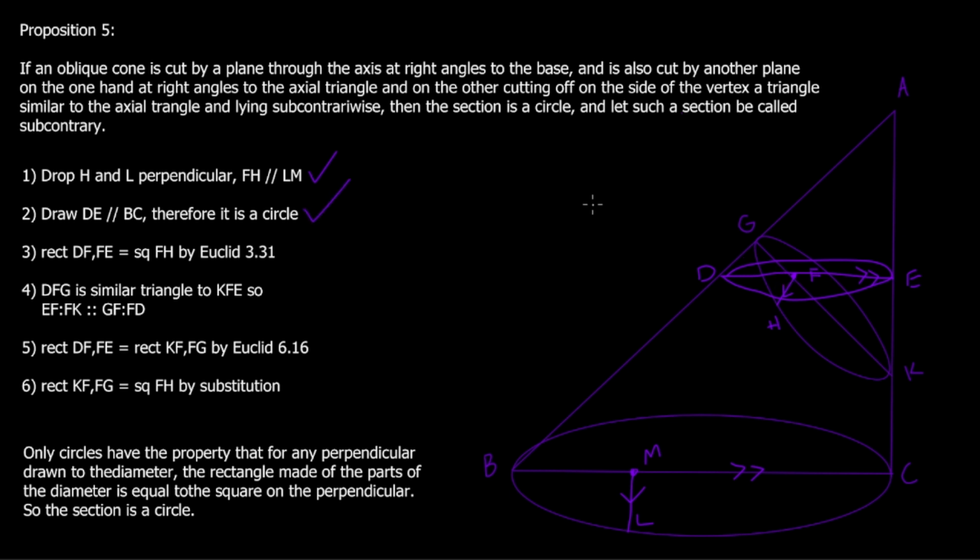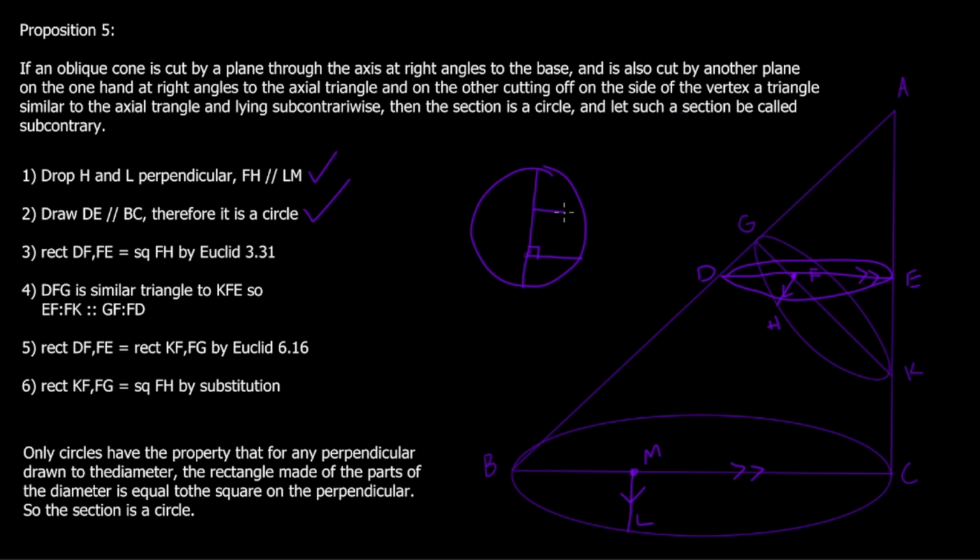So it's a property from Euclid that if you have a circle with a diameter, and you pick some point and cut off a perpendicular from that diameter, then the rectangle made with the two parts of the diameter is equal to the square on this part of the perpendicular.